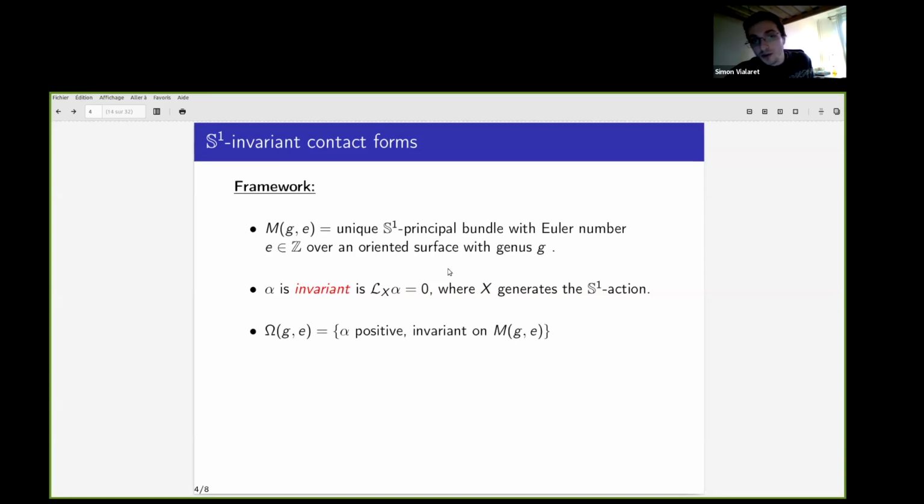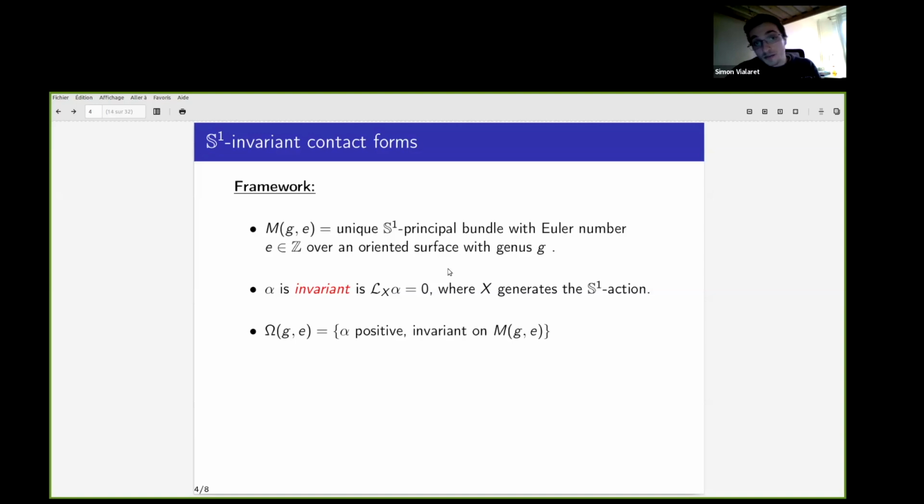Ω_{g,e} will be the set of positive invariant contact forms on the total space of the principal bundle, M_{g,e}. Here positive means that the orientation induced by the contact form α, the orientation given by the contact volume, coincides with the orientation of M as an S¹ principal bundle over an oriented surface. So the two orientations coincide.